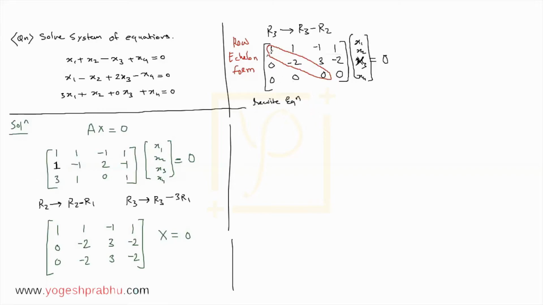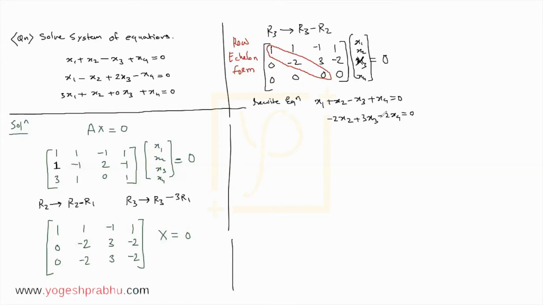So you will get this as 1 into X1, that is X1, 1 into X2, that is X2, then minus X3 and plus X4 equal to 0. That's the first product here. Now let's multiply the second row with this column. It will be minus 2X2 plus 3X3 minus 2X4 is equal to 0. That's the second product, row with this column.